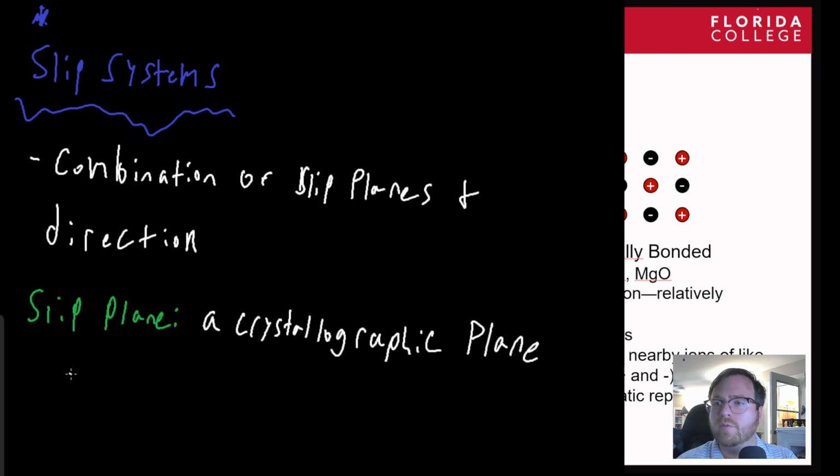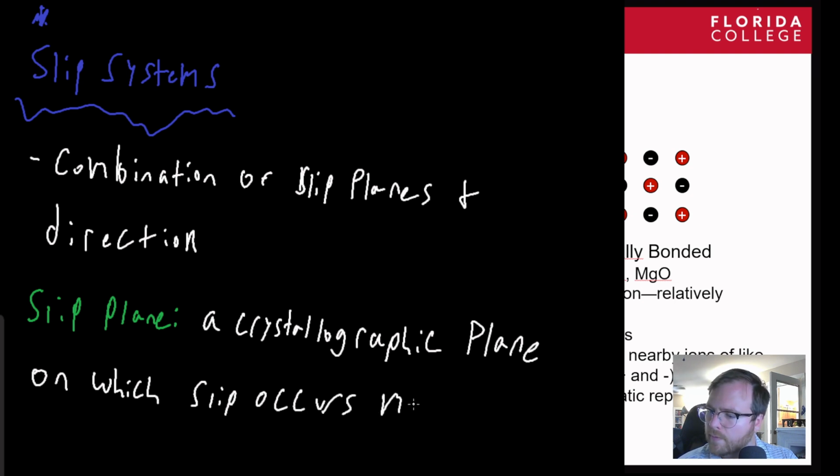Because we've learned actually how to calculate the Miller indices of a crystallographic plane. But it's a crystallographic plane on which slip occurs more easily. Or most easily. We could say most easily.